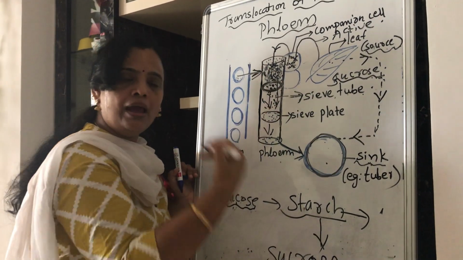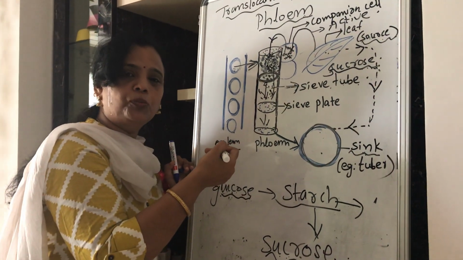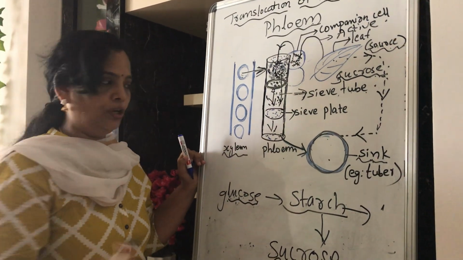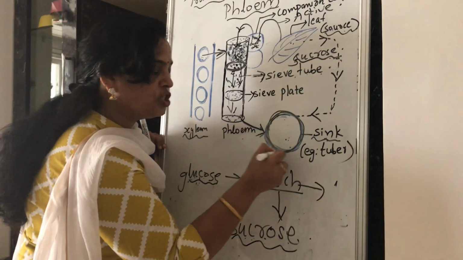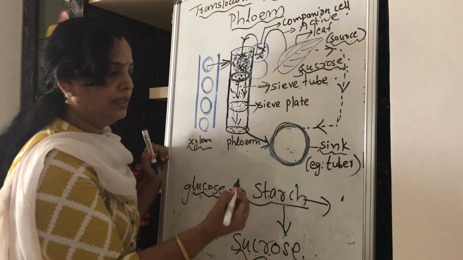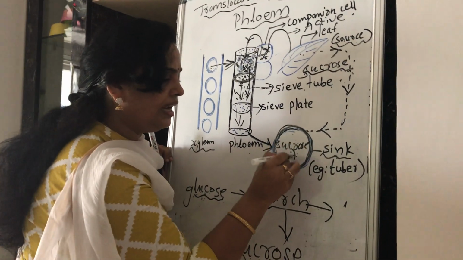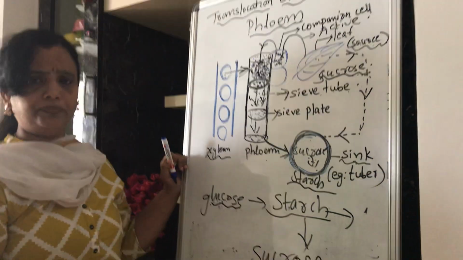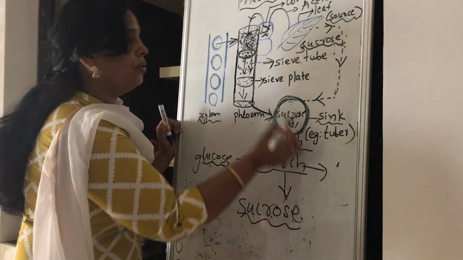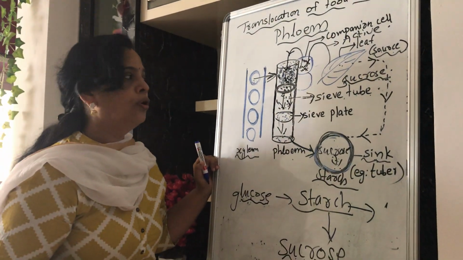In this way, from high pressure to low pressure, from one cell of the sieve tube to another cell of the sieve tube, till it reaches the sink, the storage tissue. And here the sucrose will be deposited, where it again gets converted into starch while it is getting stored. So this is how the transport of food material takes place through phloem.